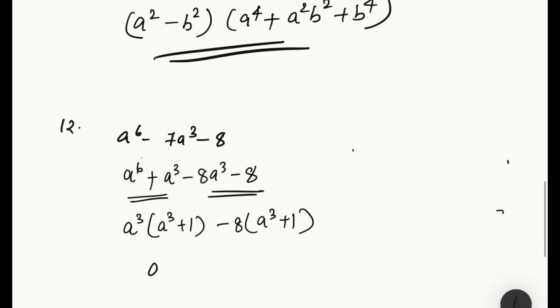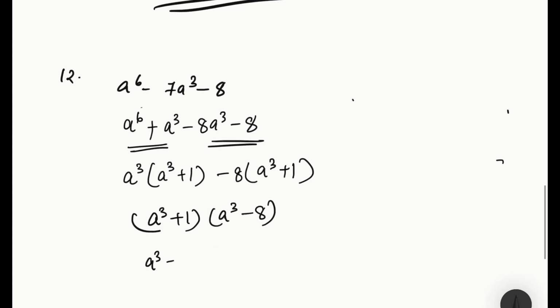So here I can take a cube plus 1 into a cube minus 8. Okay. So a cube plus 1 cube into a cube minus 2 cube. A cube plus 1 cube will be equal to what?